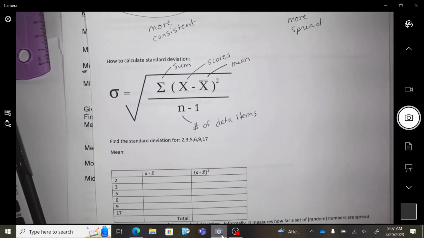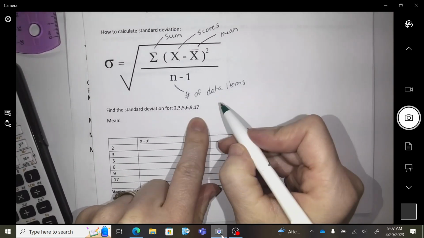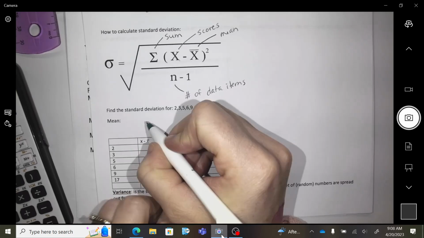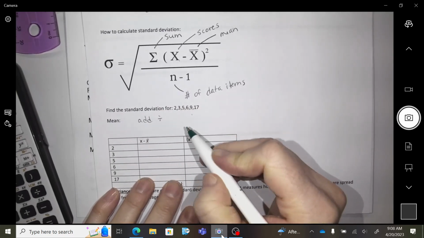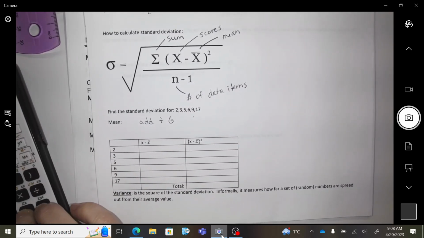Okay, we're ready. So I need the mean, so we're going to add that all up and then divide by, there's 6 items. So add that up.